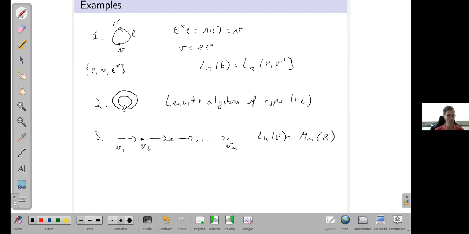So you can see that E here will be a set of these special matrices, the E_ij, the matrix with 1 at ij and 0 elsewhere. Okay, these are three key examples. And the nice thing is that you can get many algebras as Leavitt path algebras.